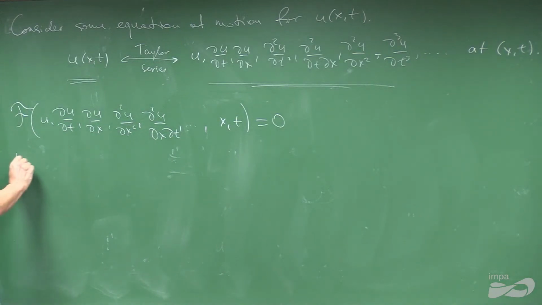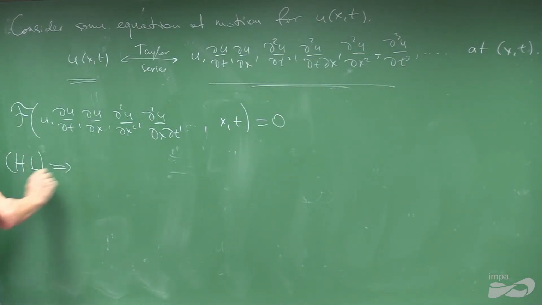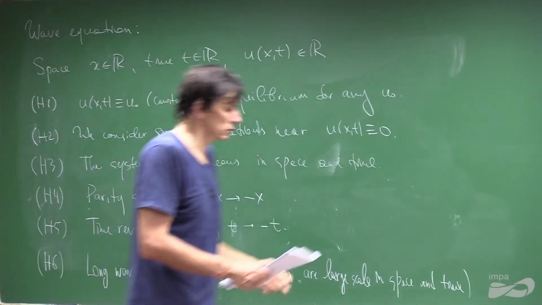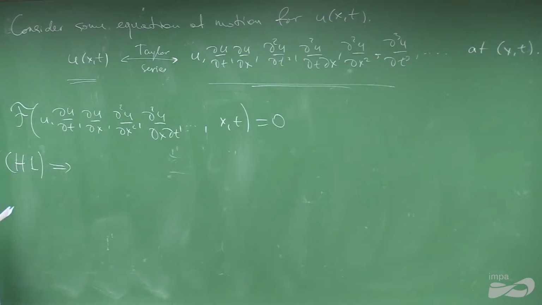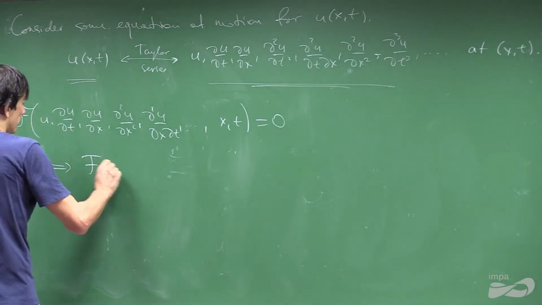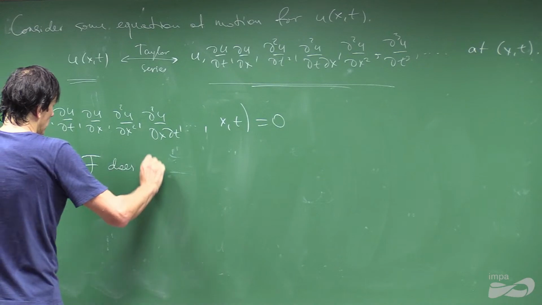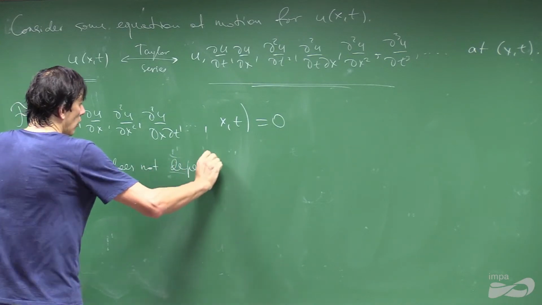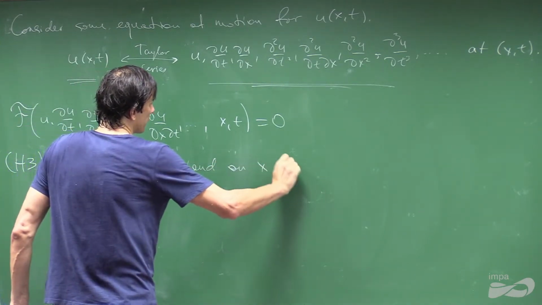Then the third hypothesis, H3, tells you that the equation of the system is homogeneous in space and time. So whatever equation you write, it will be the same at every point. So it means that f does not depend on x and time.